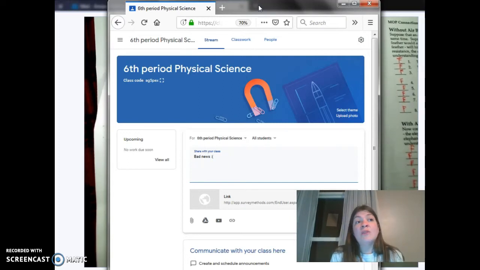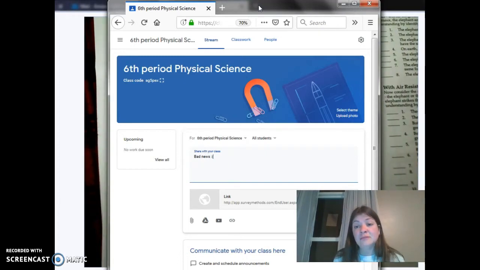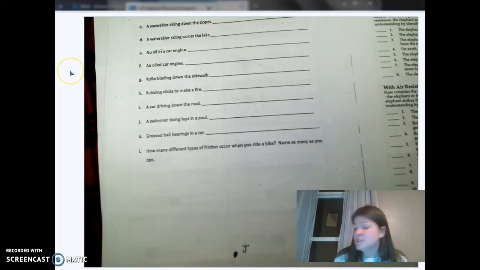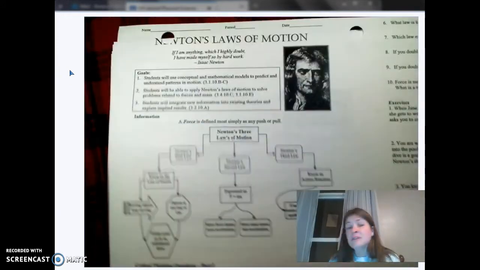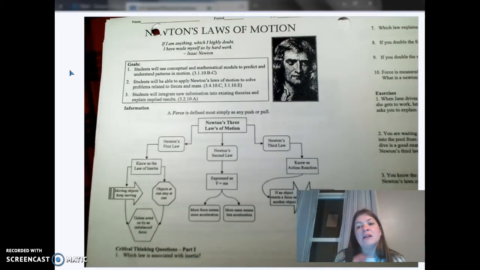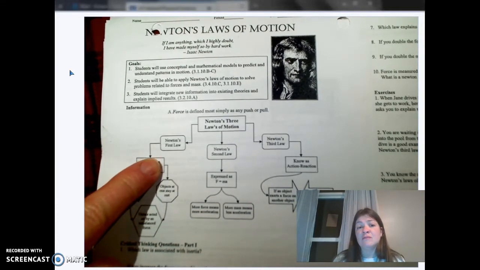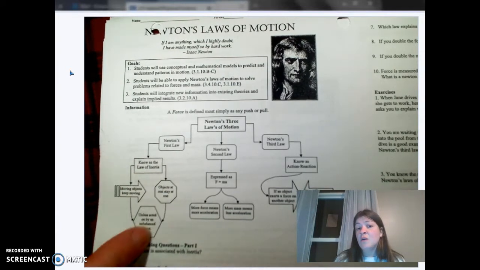Then when you're done with that, in your packet, let me change my screen again, sorry. In your packet, if you turn to page L, there's an introductory section on Newton's laws of motion. This just goes over the 3 laws of motion. Newton's first law, it tells you what it is and then what it means.